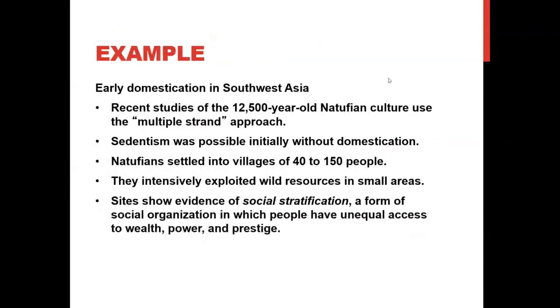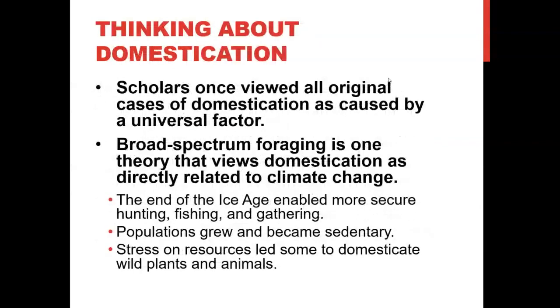Okay. Now, why do I bring up these two examples? The reason why I bring up these two examples is because I want to let you know that logic is a man-made social construct, right? And what do I mean by that? I mean that this sounds the most logical, right? Broad spectrum foraging. Hey, the glaciers retreated, the environment is better, we can hunt more things, we ate more food, we became more people, and then because we became more people, we needed more food to eat, and so we started domesticating.